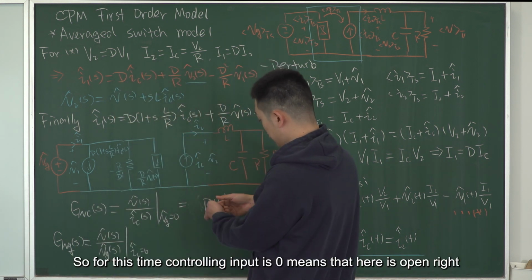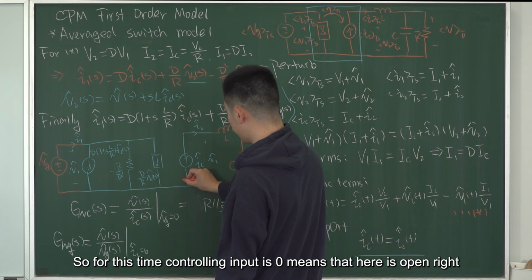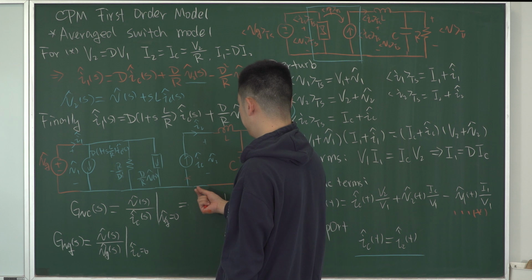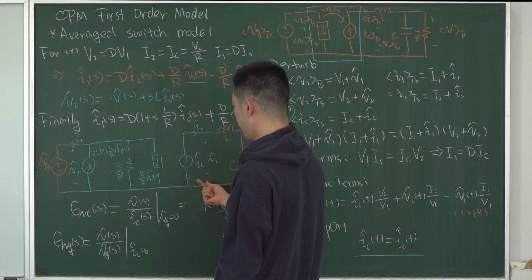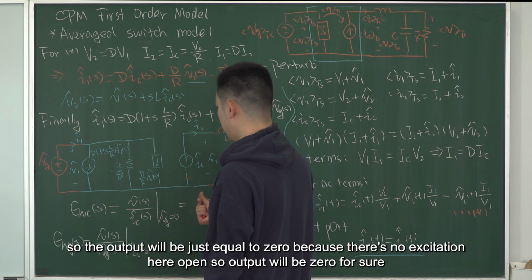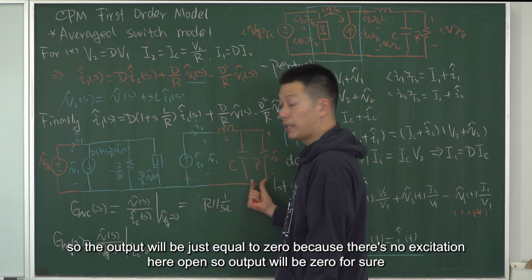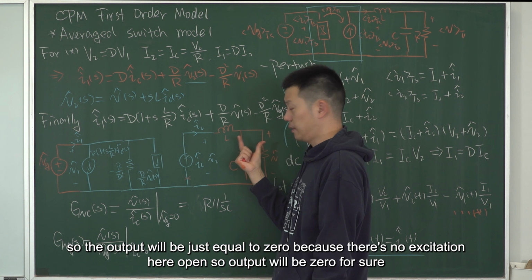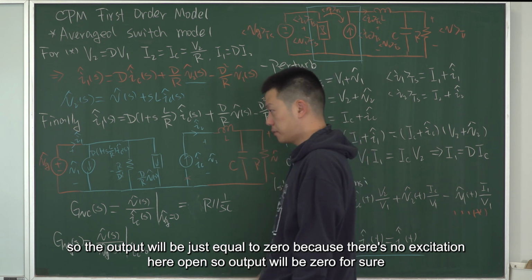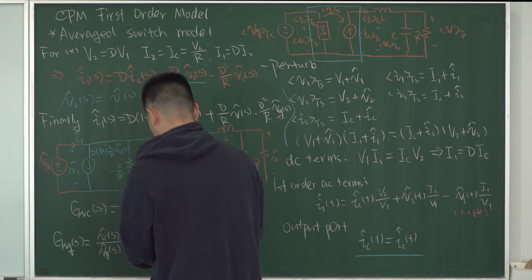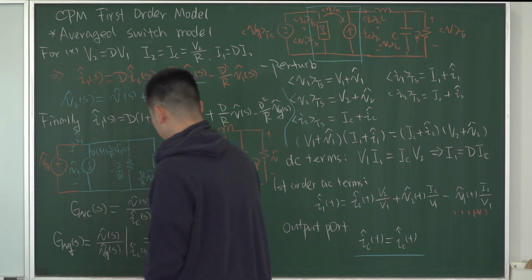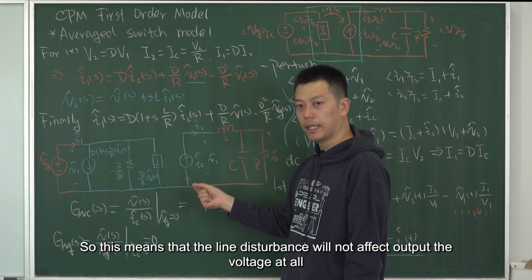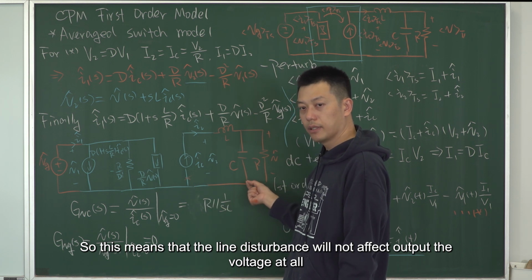So this time, controlling input is 0 means that here is opened, right? So the output will be just equal to 0 because there's no excitation here. Opened, so output will be 0 for sure. So this means that the line disturbance will not affect the output voltage at all.